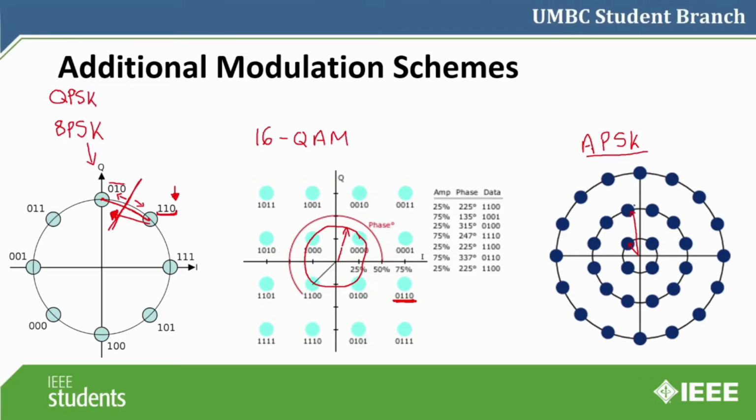So maybe it's better to have APSK, where there are a bunch of constellation points, a bunch of data options on one amplitude level. So you have to change the amplitude less frequently, use a little less power than quadrature amplitude modulation, where you're changing the amplitude very frequently.